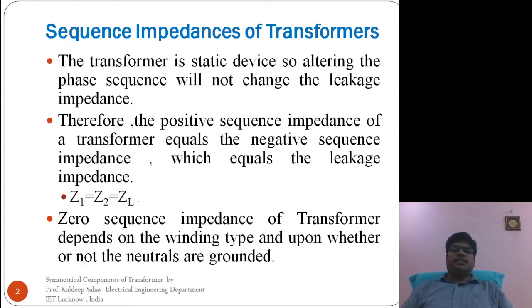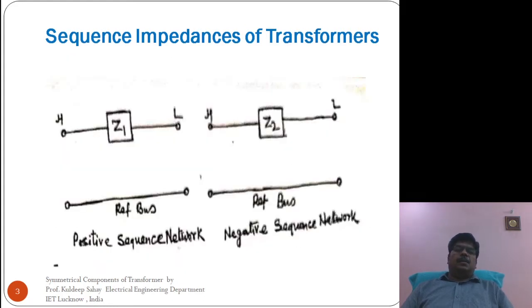While the zero sequence impedance of a transformer depends upon the winding type, meaning star, delta, whether star grounded or ungrounded. And the representation of positive sequence and negative sequence, since it does not depend upon the sequence current, can be independently represented.